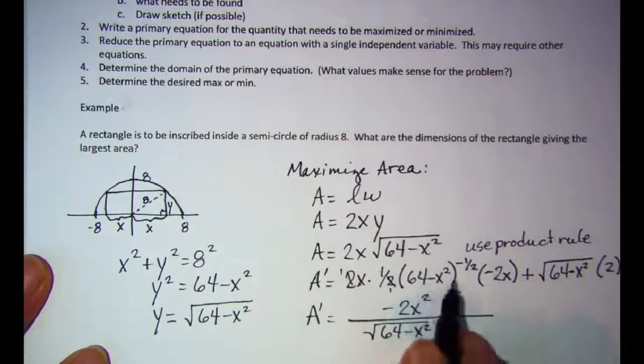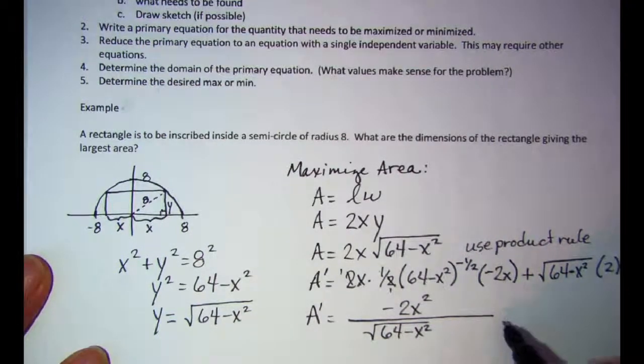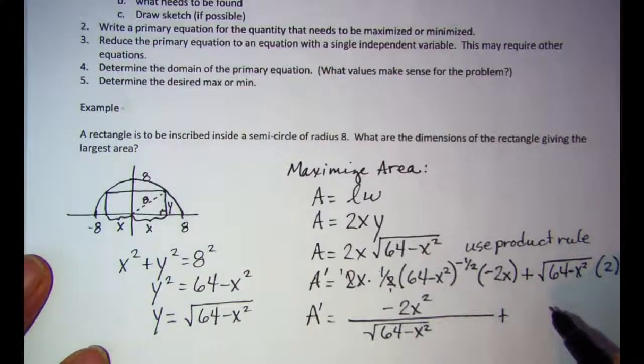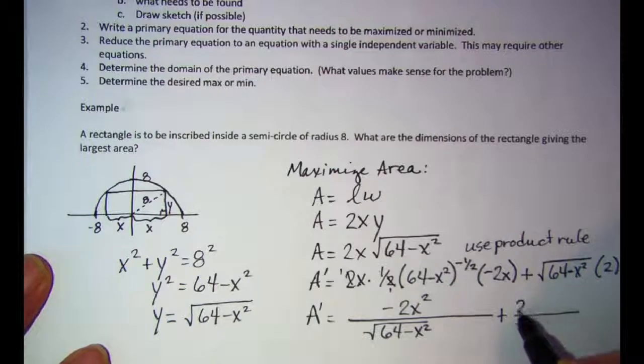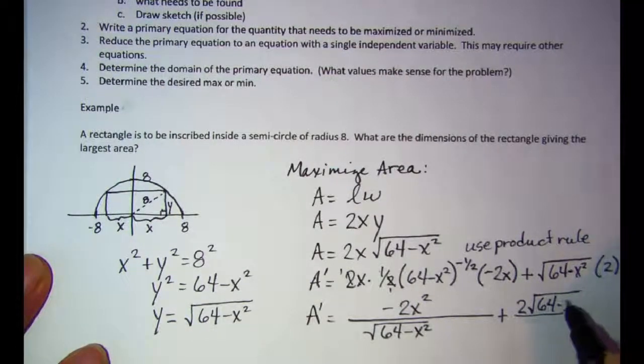That's this factor. Plus, and then here I have 2 times the square root of 64 minus x squared over 1.